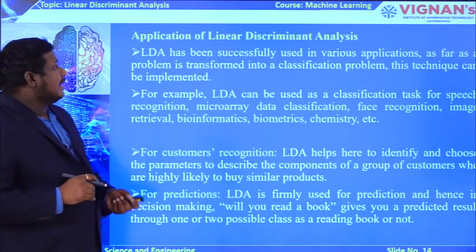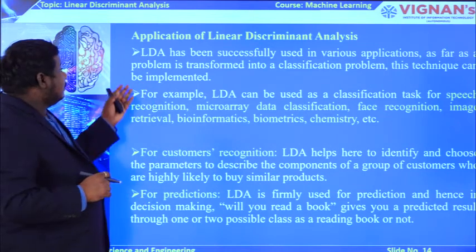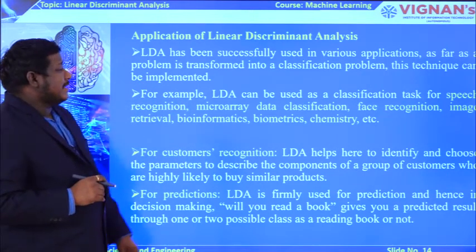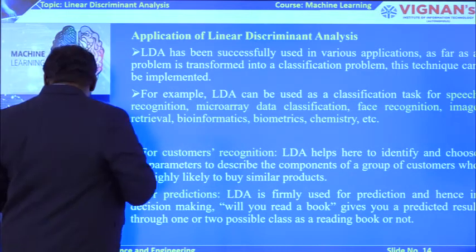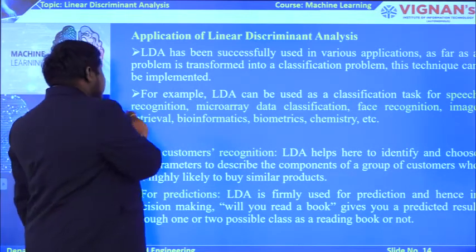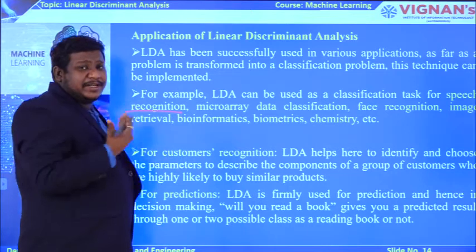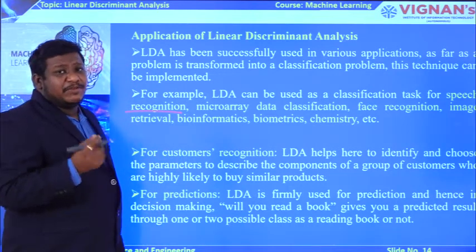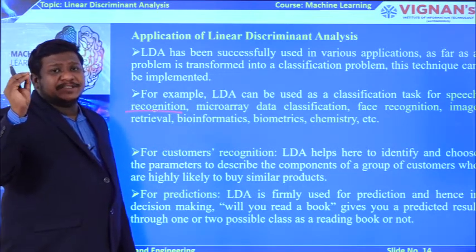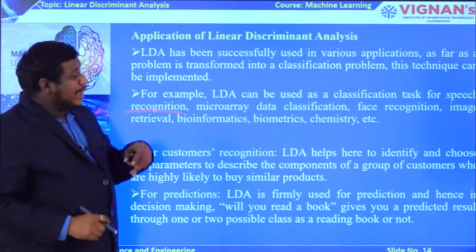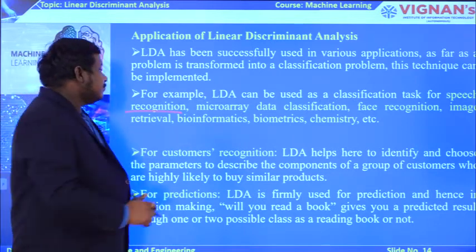Some of the applications of LDA: it can be used as a classification task for speech recognition. Basically, it is used for voice recognition, where whether a particular voice belongs to a particular person or not can be verified using LDA.